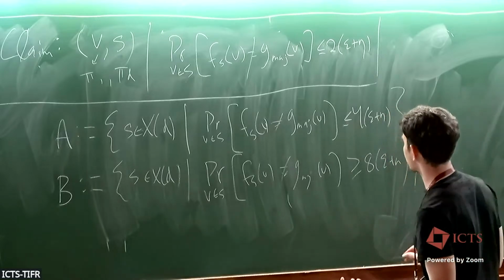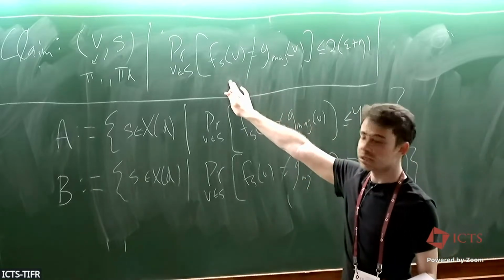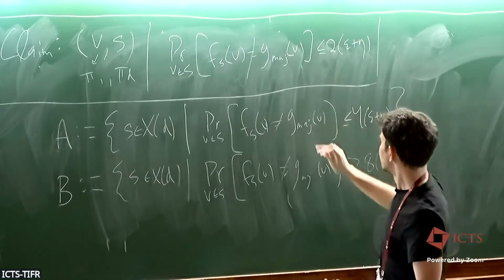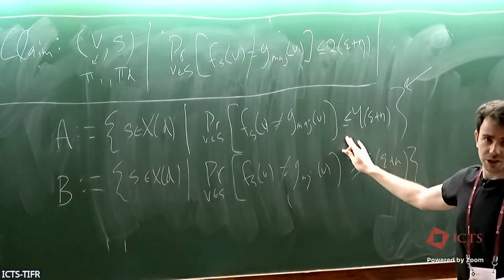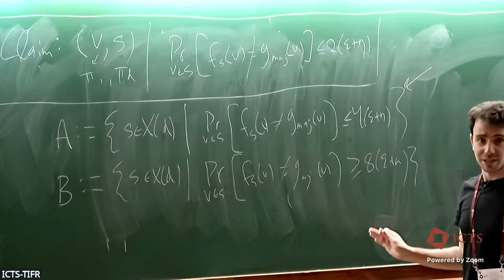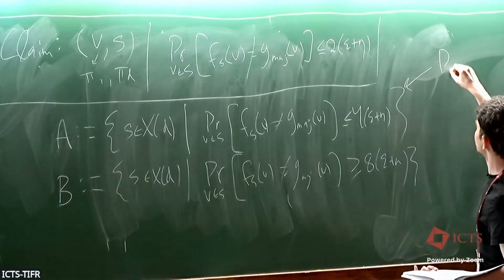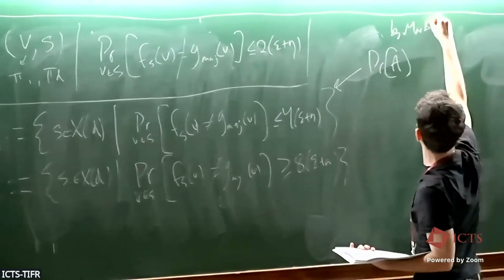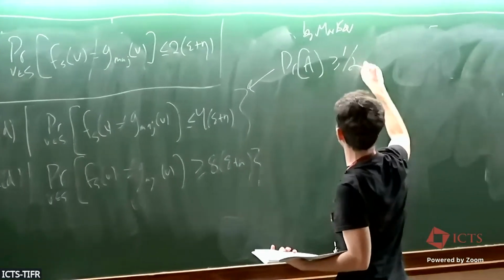So one thing that I want to notice, I have this average case bound of less than or equal to 2 epsilon plus eta. So I claim that just applying Markov's inequality is going to tell you that A is pretty big. Not 1 minus O of epsilon big, that's what we're trying to prove, but I claim that the size of A by Markov is at least a half. So it's a pretty big set.